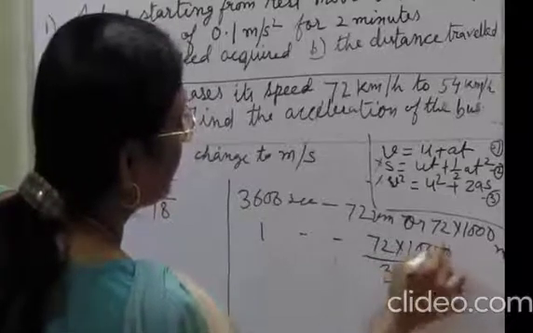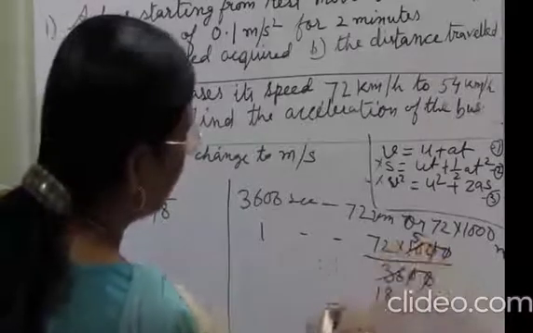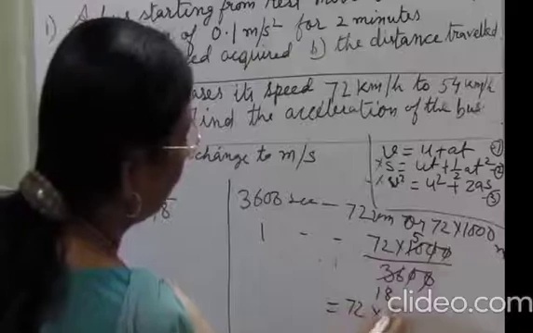This 0 cancels. Now here 18, here 5. Now see, 72 into 5 by 18.